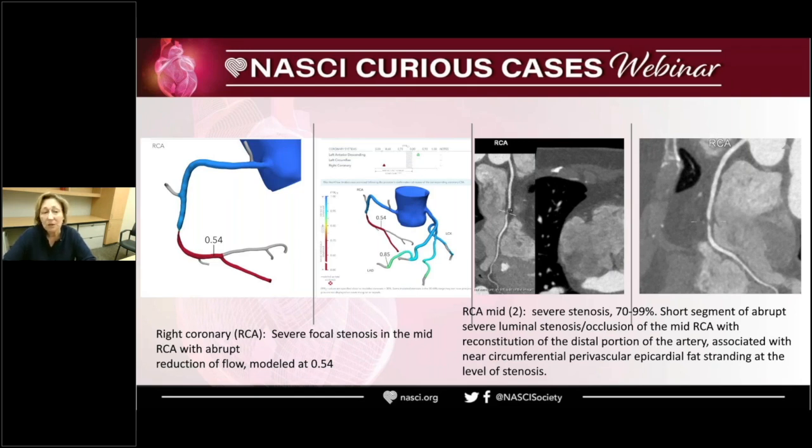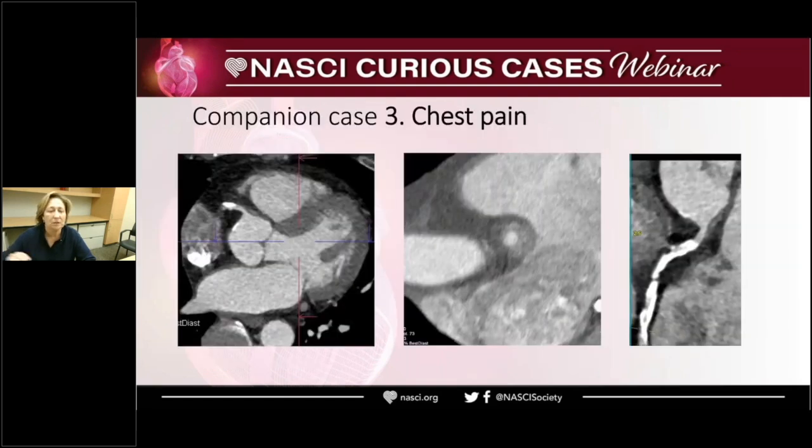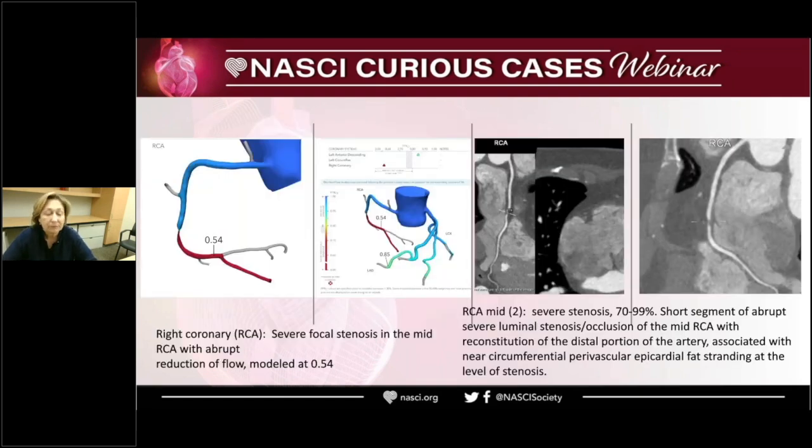So this patient went to the cath lab. The message we received from the cath lab was that this was a plaque with near complete stenosis. A stent was placed, and the patient was doing well.